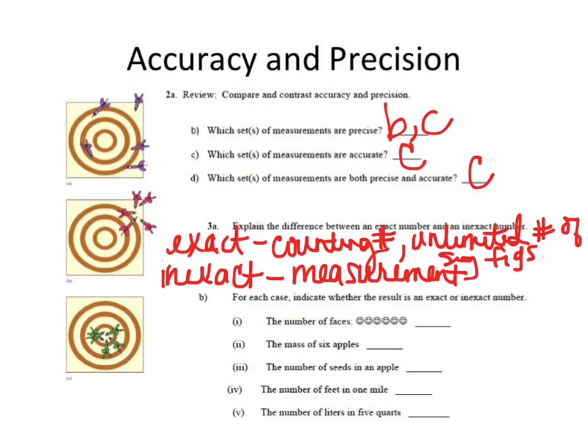Okay, so when we go into the lab and we take masses or take volumes or something, it is an inexact number because it's a measurement. We always guesstimate one over than what we're looking at. Okay, so tell me, is it exact or inexact?